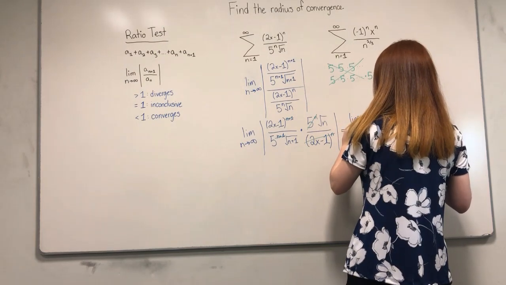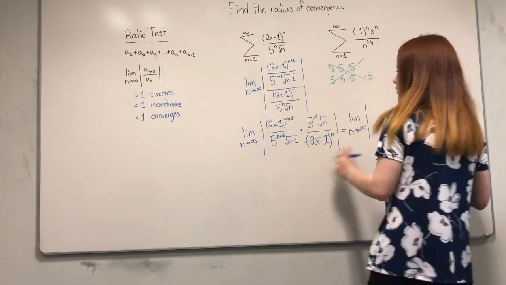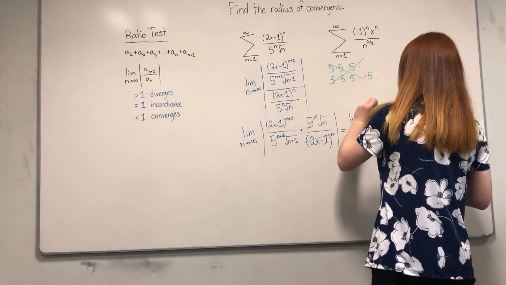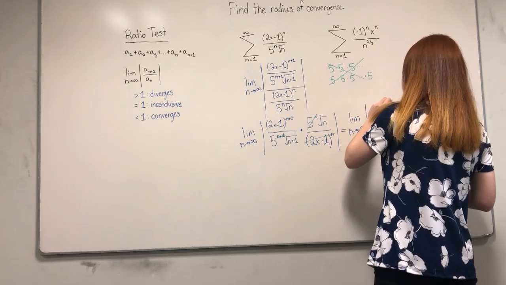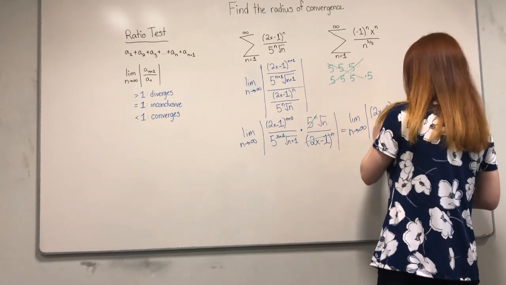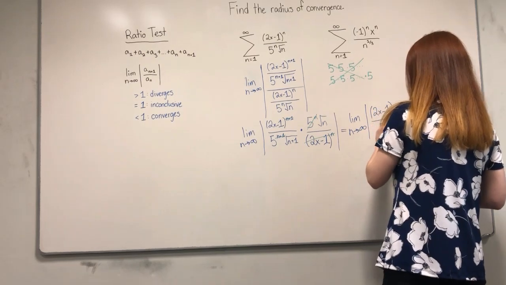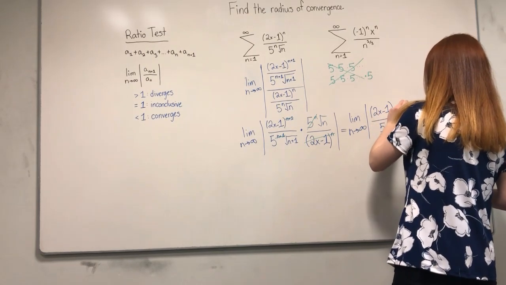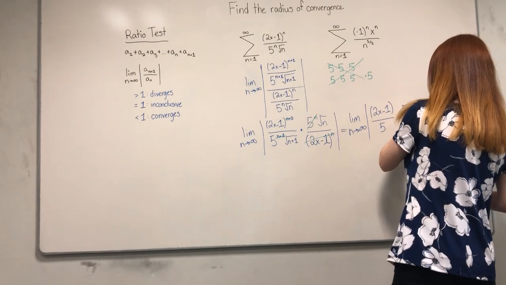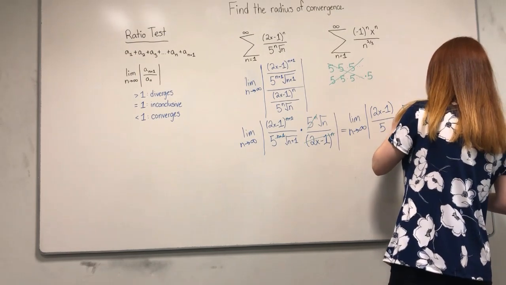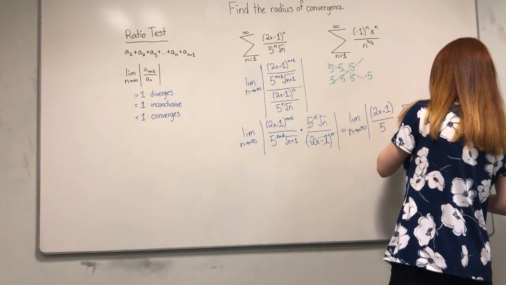This gives us that the limit as n approaches infinity is equal to 2x minus 1 over 5 times square root of n over n plus 1.